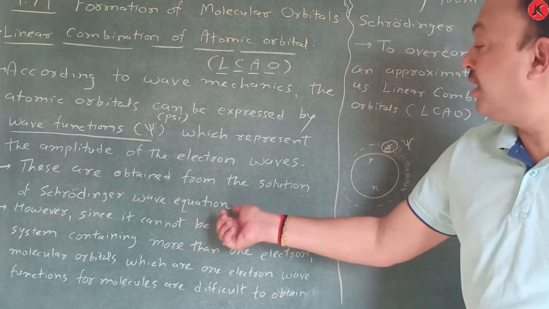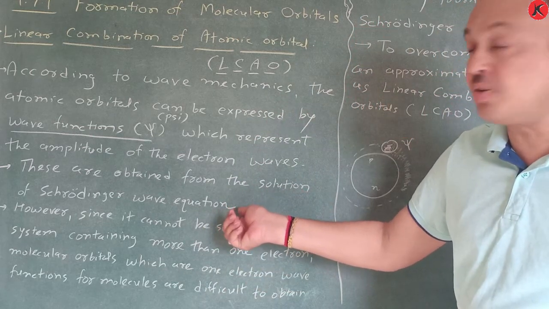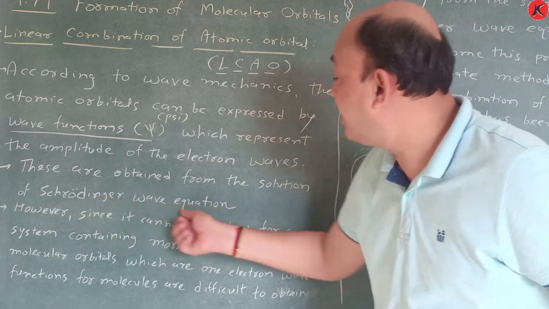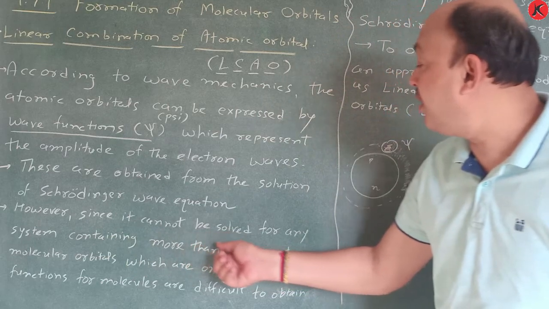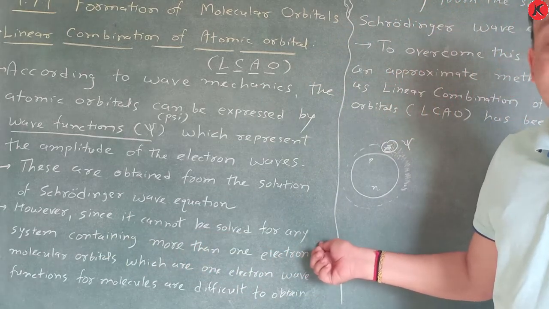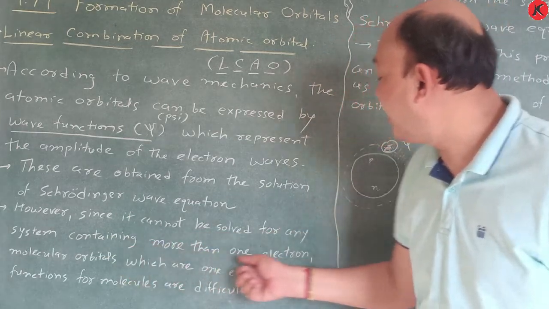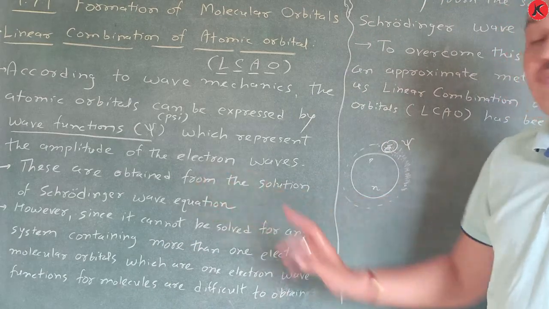That is not included in your syllabus, so don't bother about this. However, this Schrödinger wave equation cannot be solved for any system containing more than one electron; it is only for one electron.